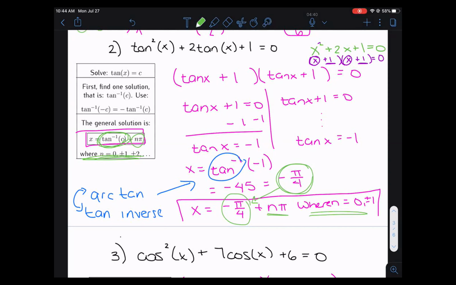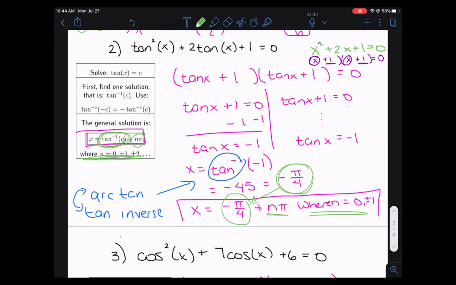Questions about this? Professor, how do we get tan x plus 1 times tan x plus 1 equals 0? That one. Where did it come from? This part? Yeah, this line.